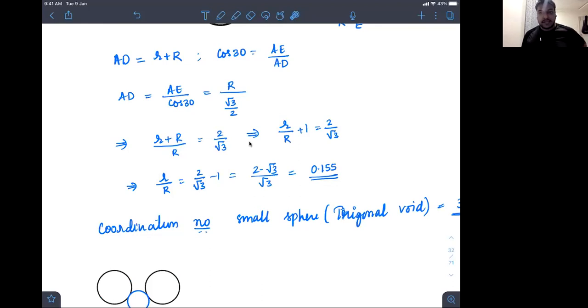So small r by capital R is 0.155, which means, students, try to understand this, that if three atoms are touching each other with the closest packing, then you will get a triangular void. So typically, when three atoms of equal sizes are being kept together to the closest distance possible, like if you take three billiard balls or three pool balls and bring them to the closest packing, then a small void is formed in between them. That is a triangular void. The radius ratio of that versus capital R would be equal to 0.155.